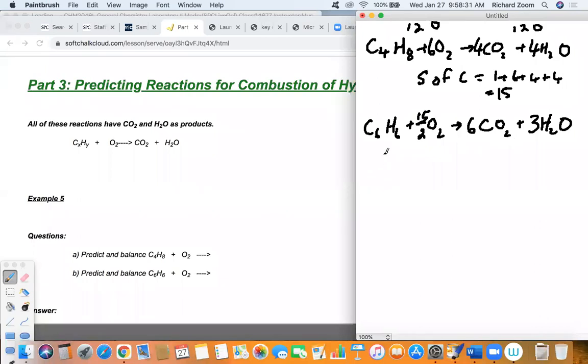The reason it's 15 over 2 is because 15 over 2 is 7.5, and 7.5 times 2 is 15. But what does 7.5 O2s look like? Well, it would look like this.